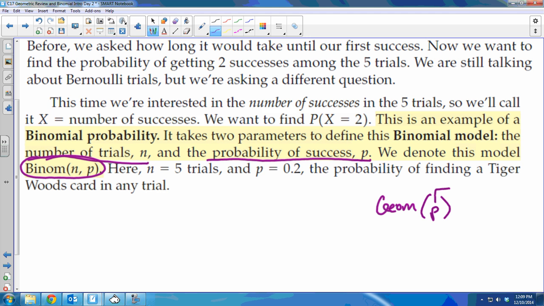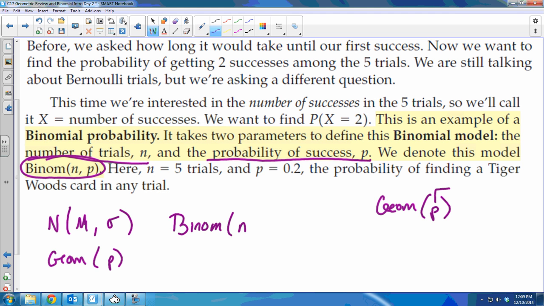So far we have 3 models that you should be able to define. The normal model, mu comma sigma. You have the geometric model, and now you have the binomial model. You should know that notation. We haven't done anything with the binomial model yet, but that's the notation for it.